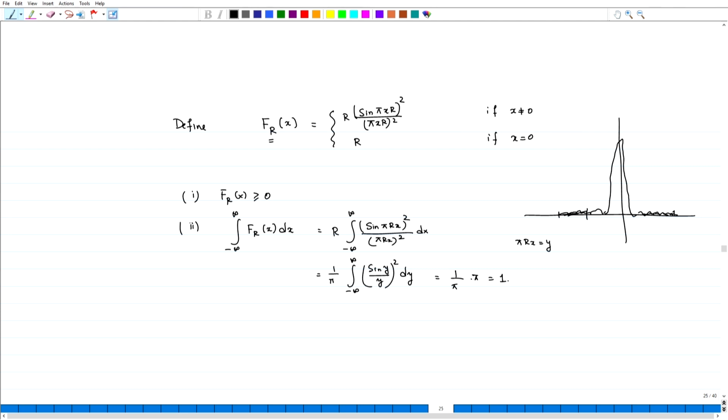To compute this integral, this is well known, and we must have encountered it earlier.